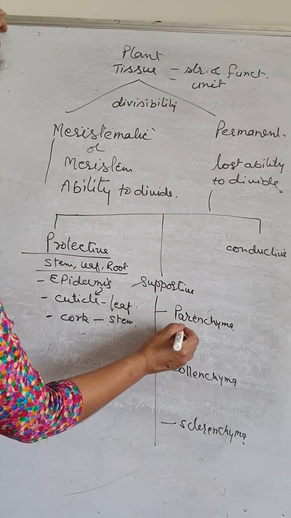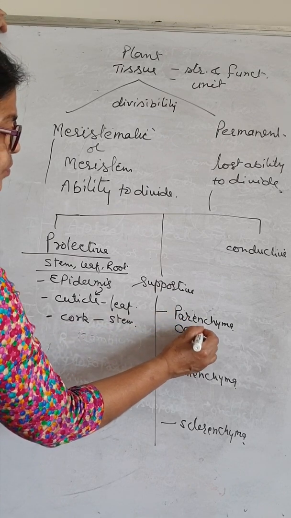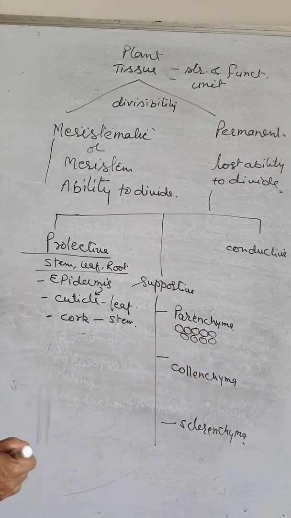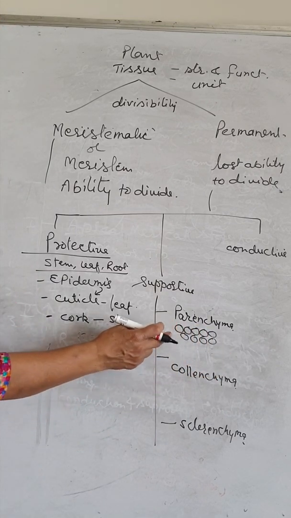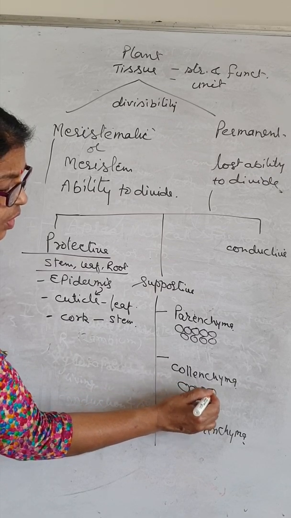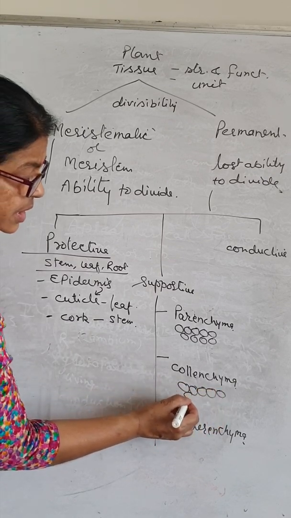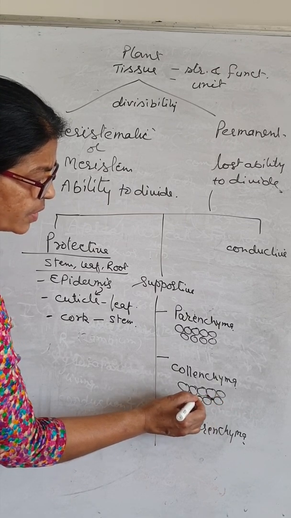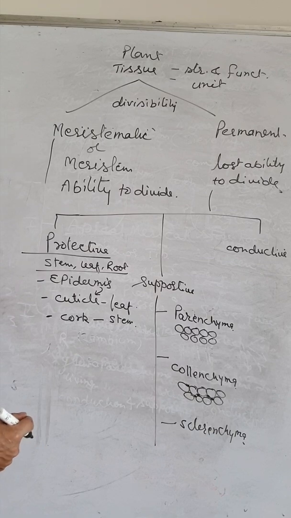Parenchyma are thin-walled cells found in the soft parts of the plant. The collenchyma are thick walled, with the thickening at the corners. The corners are thick.